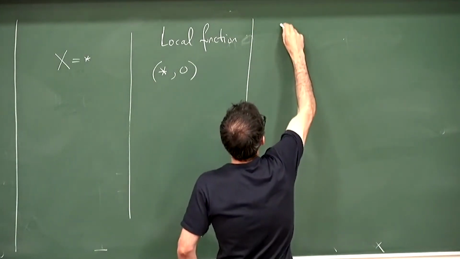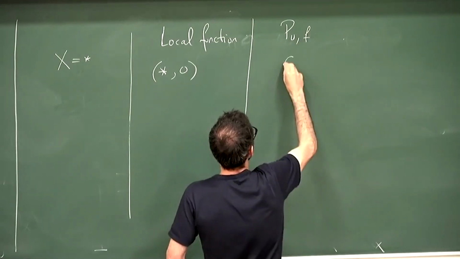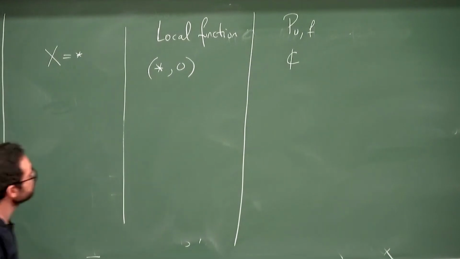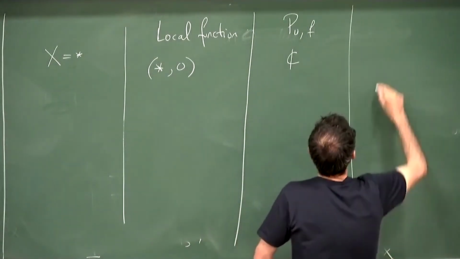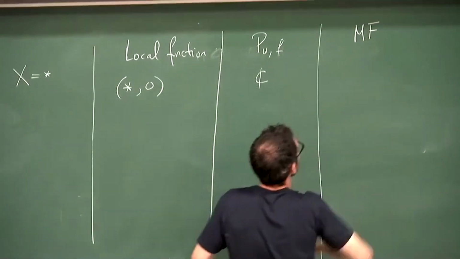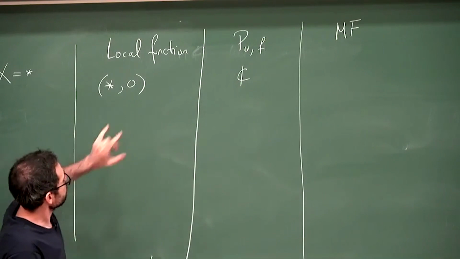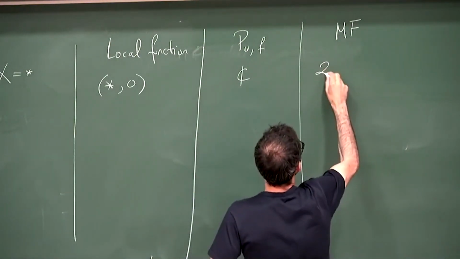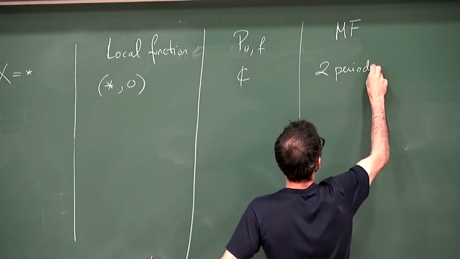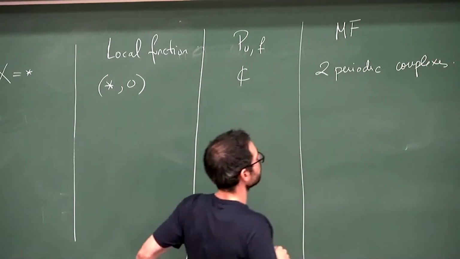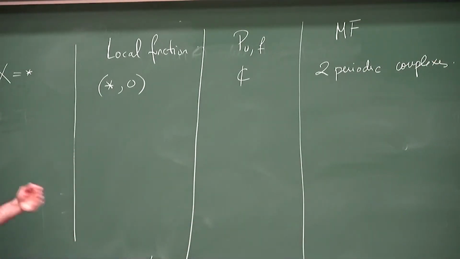If I look at the perverse sheaf, what I get is the constant sheaf C. But here I already start having something interesting. The category of matrix factorizations that I get on this is actually the category of 2-periodic complexes. That's by definition what a matrix factorization is here: think about complexes with an action of an invertible operator of degree 2.